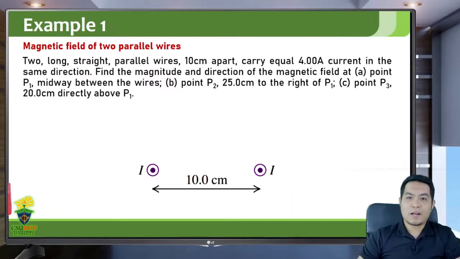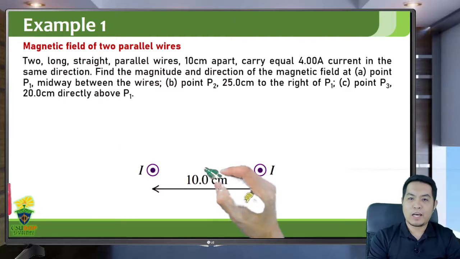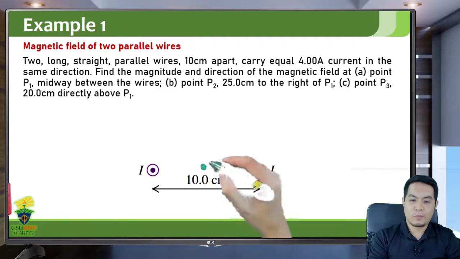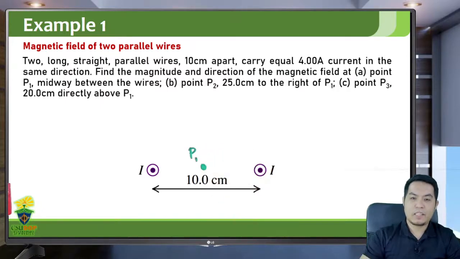You are asked to find the magnitude of the magnetic field at 3 points. For letter A, find the magnetic field at point P1, which is midway between the wires. For letter B, point P2, 25 centimeters to the right of P1.